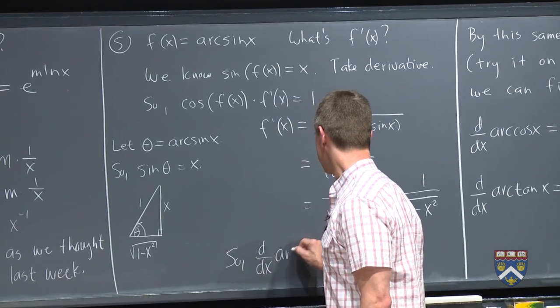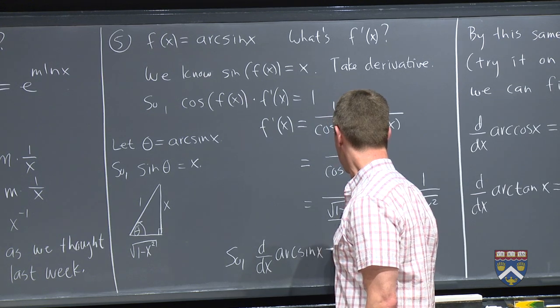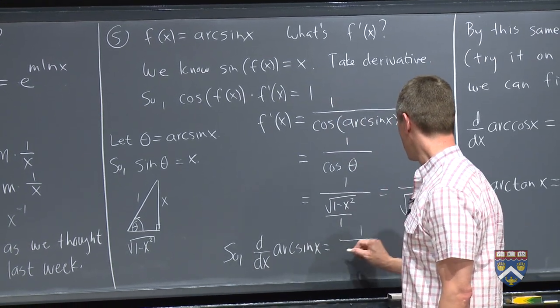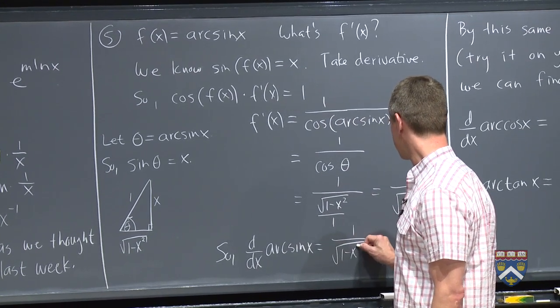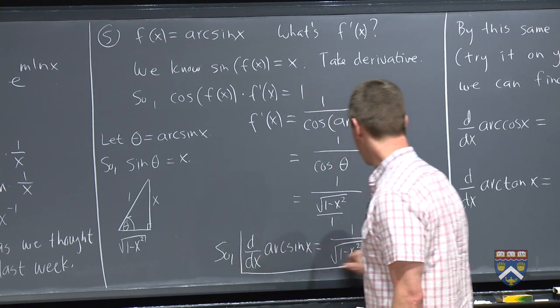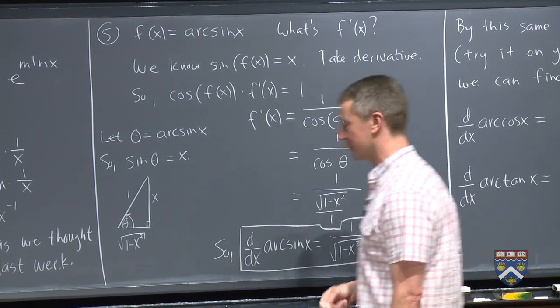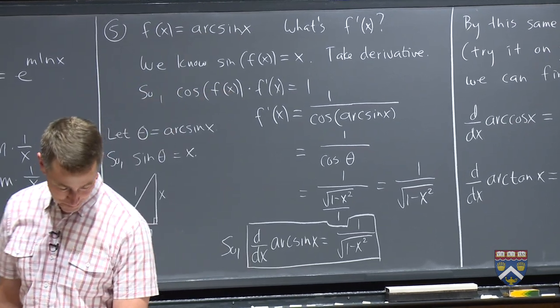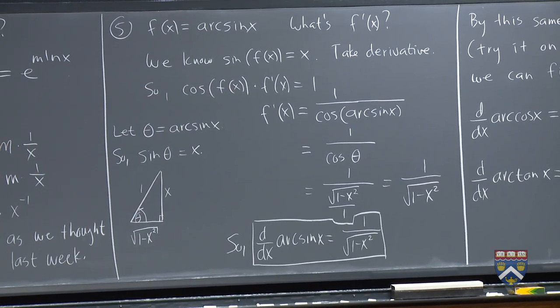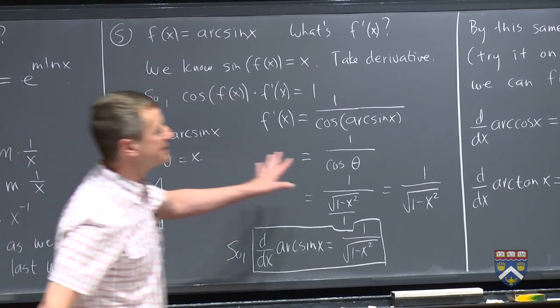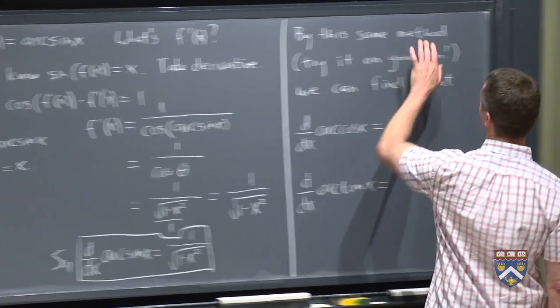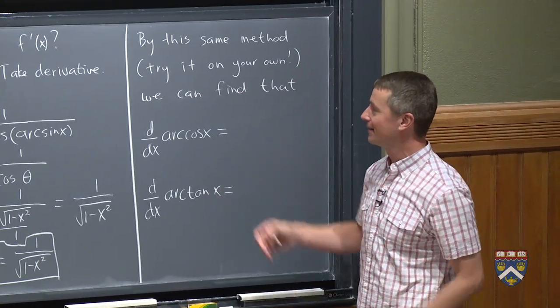The derivative of arc sine of x is 1 over square root 1 minus x squared. See how it's all coming back to our knowledge of inverse functions from earlier. And then you can do the very same technique on your own if you want to do arc cosine and arc tangent.